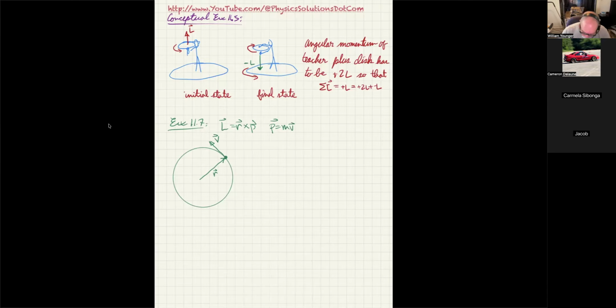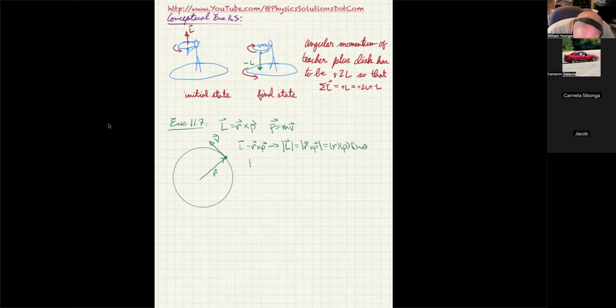All right, so when we calculate r cross p, we can calculate the magnitude, because the magnitude of L is equal to the magnitude of r cross p. And of course, we know that the magnitude of a cross product is the product of the magnitudes of the vectors, so r times p, and then times the sine of the angle between them.